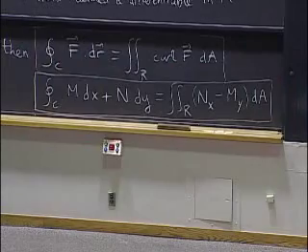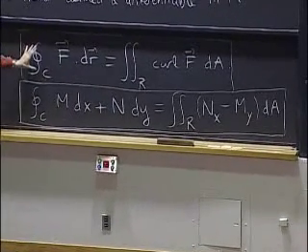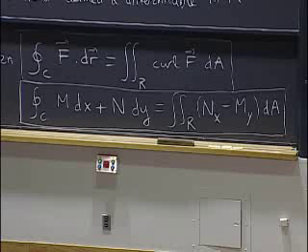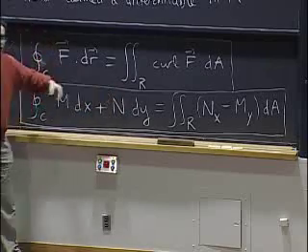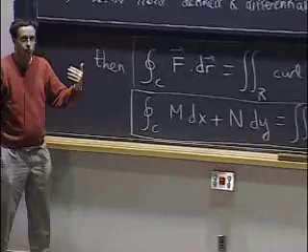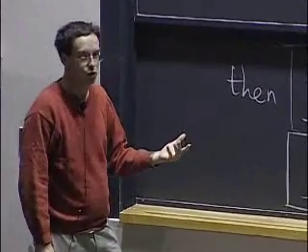So that's a really strange statement if you think about it, because the left-hand side is a line integral. Okay, so the way we compute it is we take this expression m dx plus n dy, and we parameterize the curve. We express x and y in terms of some variable t, maybe, or whatever you want to call it.